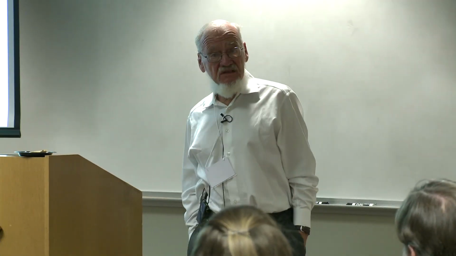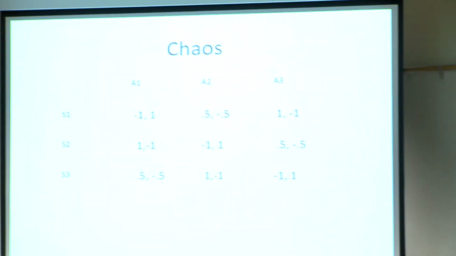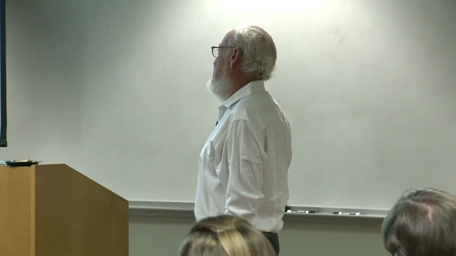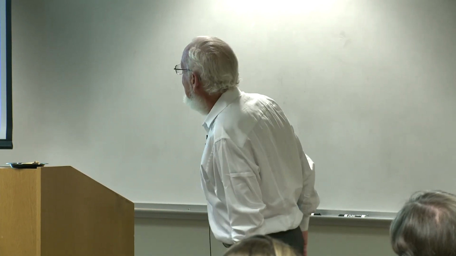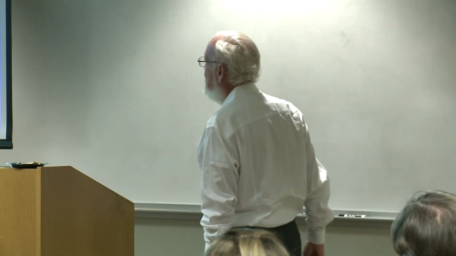Here are payoffs that don't look too crazy for a signaling game. Now there are 3 states, and there are 3 acts the receiver can do, and it's still a zero-sum game. So we have perfectly opposed interests.